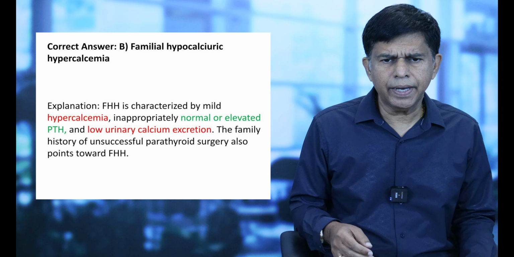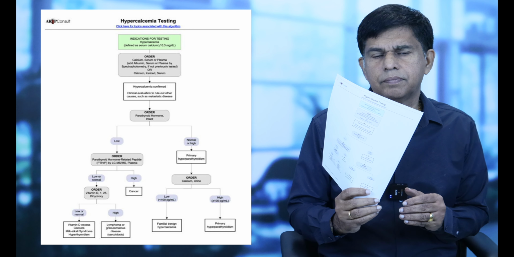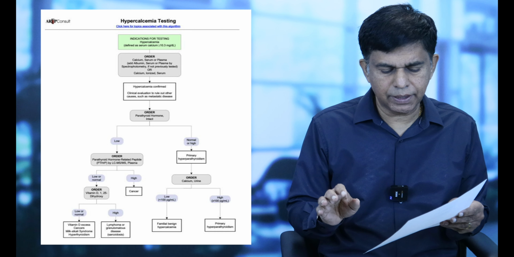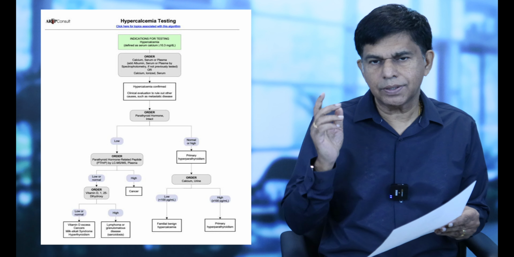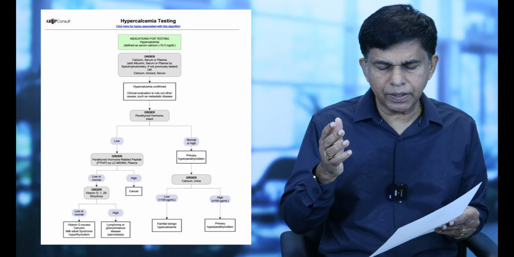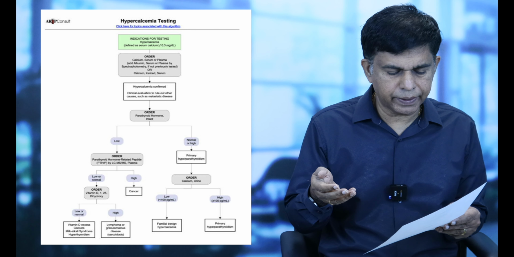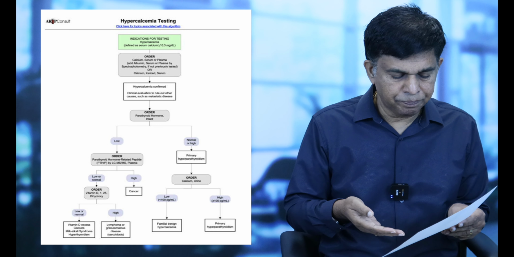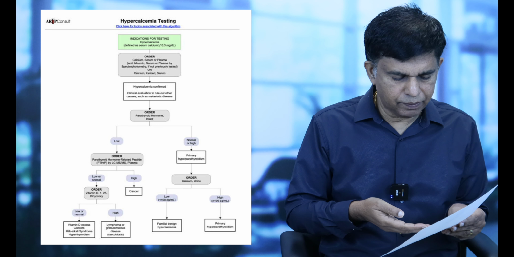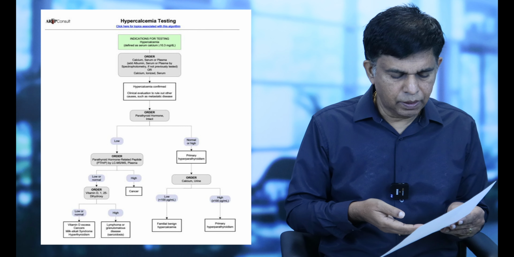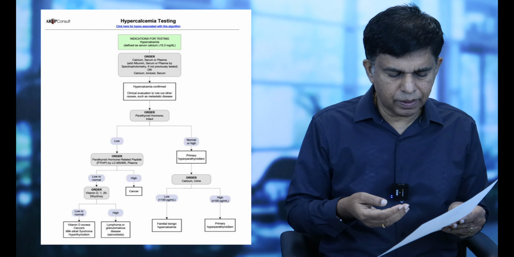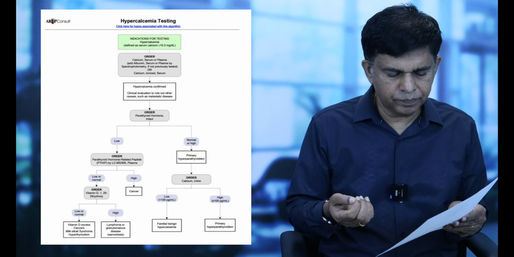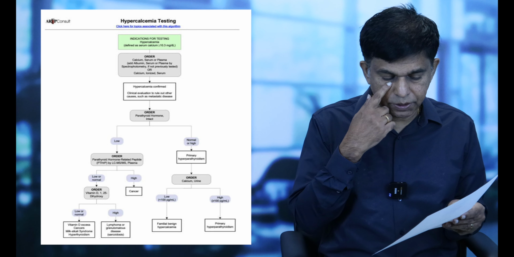Now we just added an algorithm that is going to help us. What's the first thing? Always check the PTH. If the PTH is low, then always think malignancy first, and then you check the PTH-related peptide. If it is low or normal, then you have to think about vitamin D, and if the vitamin D level is high, then you have to think about lymphoma or granulomatous diseases.